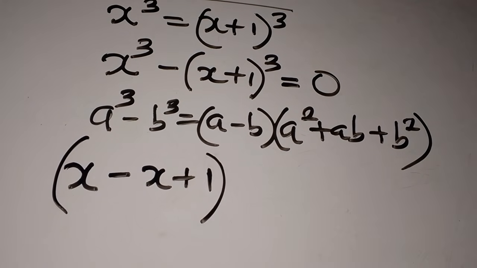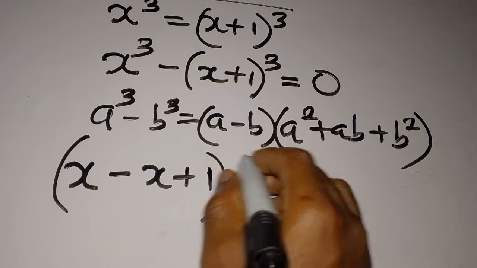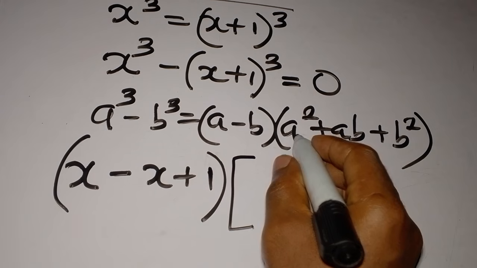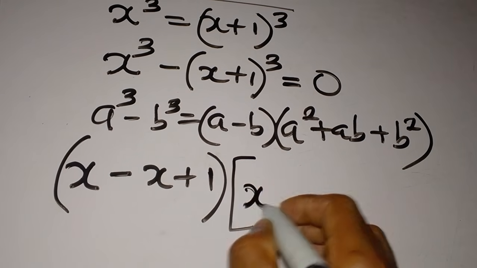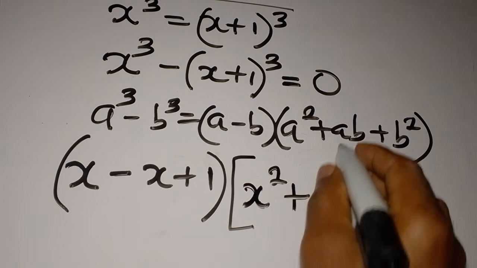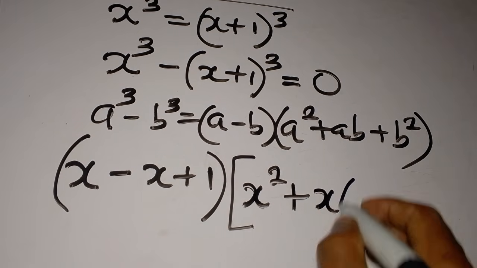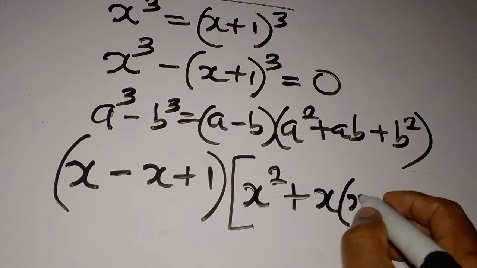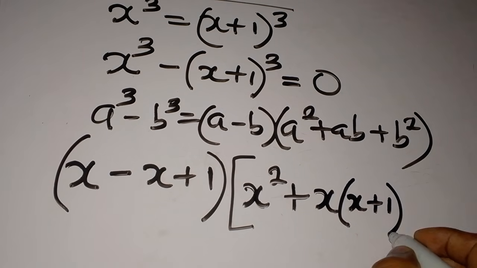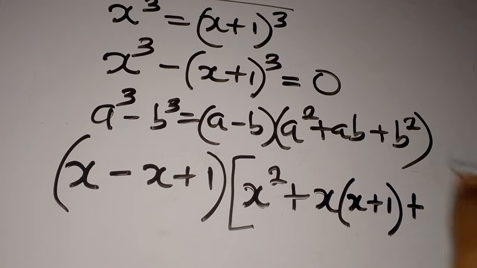Then we have this. It looks like this will not make sense, but let's solve it. You're going to learn one or two things from here. Then we have a squared, that is x to the power of 2, plus a, which is still x, multiplied by b, which is x plus 1, then plus b squared.